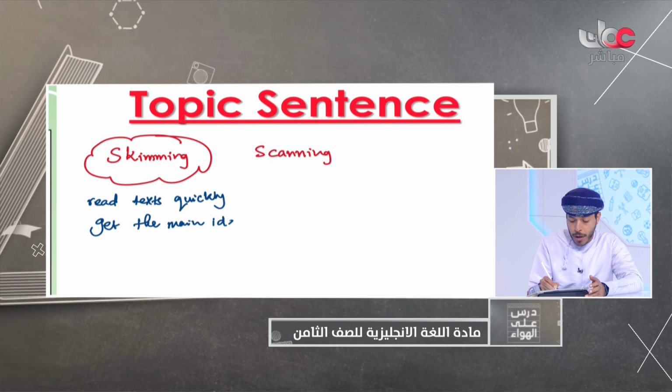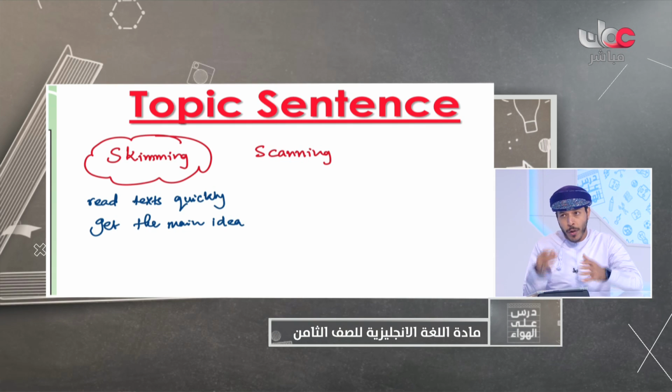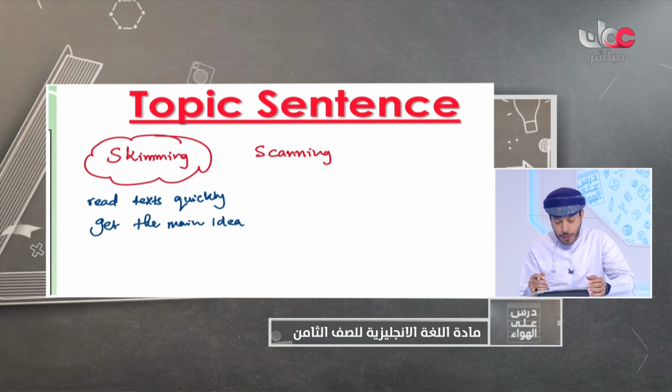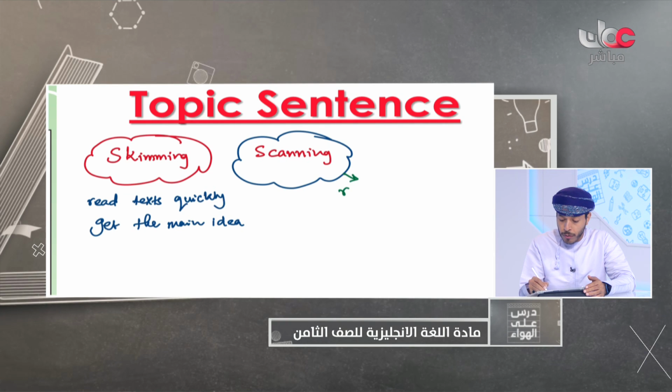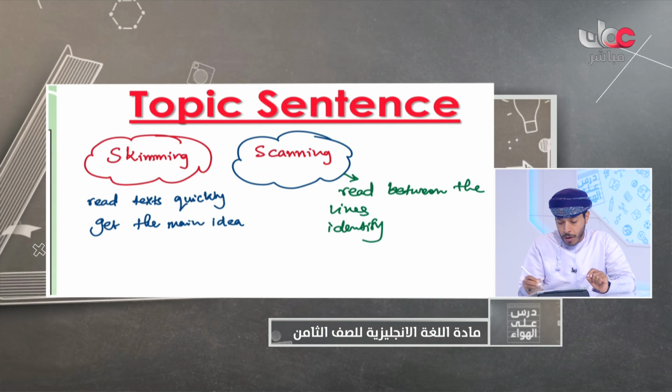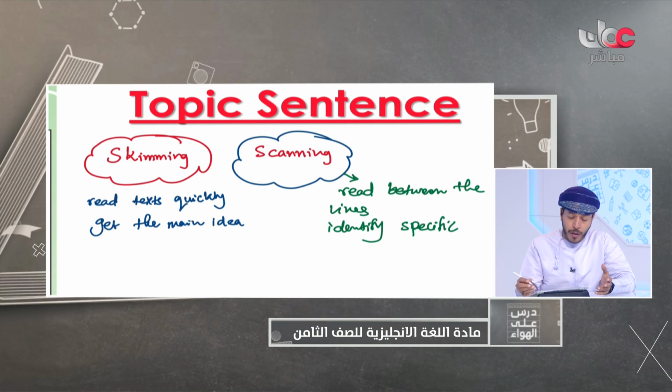To get the main idea of a text, so we can get the topic or the whole idea of the text. But scanning, okay, scanning is different because we read for or between the lines, and this can help us to identify specific answers.